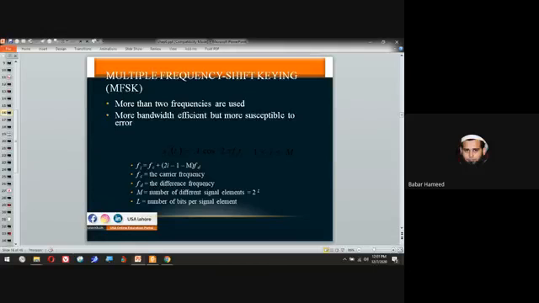The transmitted multi-frequency shift keying signal for one signal element time can be defined as shown here in black text. s_i(t) is equal to A cos(2π f_i t).